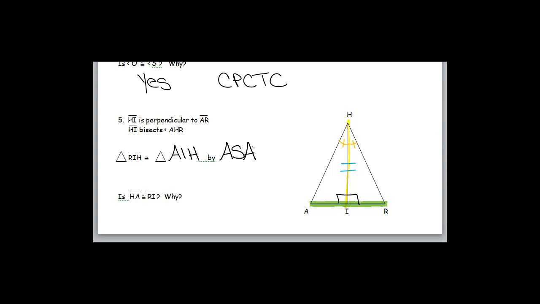And our very last question, is segment HA right there in our congruent statement, is that congruent to RI? Oh, we've got a problem. Those are not corresponding parts, therefore they are not congruent. So, no, the parts don't match.